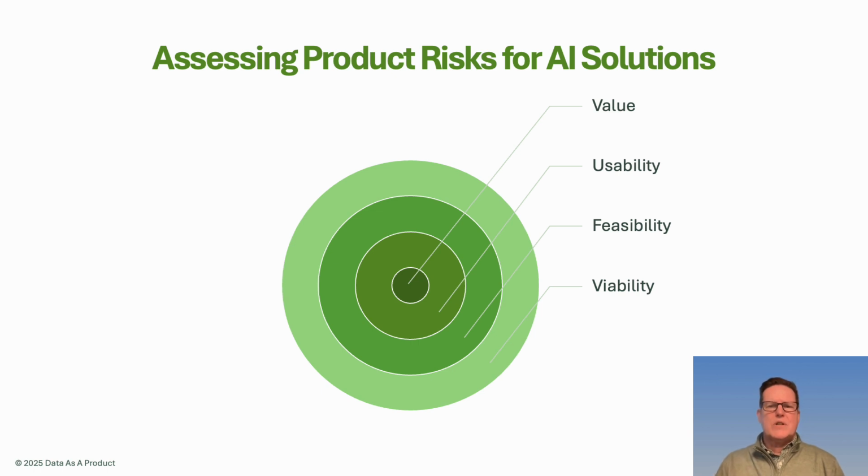Collaboration and risk assessment is very important. Now, you as the AI product manager need to ensure that your solution aligns with the user's needs and business goals. This is where you're responsible for the value and viability risks. The data scientist uses metrics like we discussed, precision, recall, and F1, to evaluate the feasibility, and they also assess the data availability.